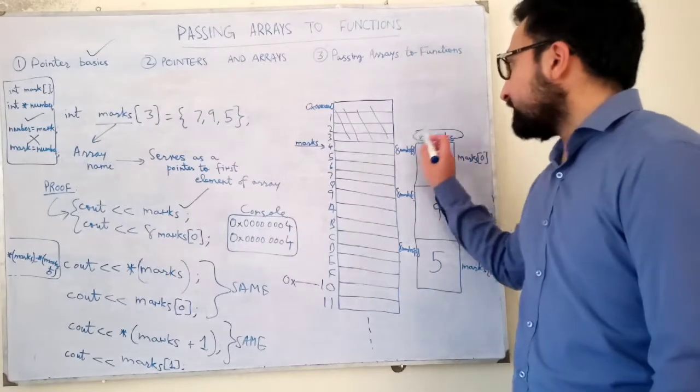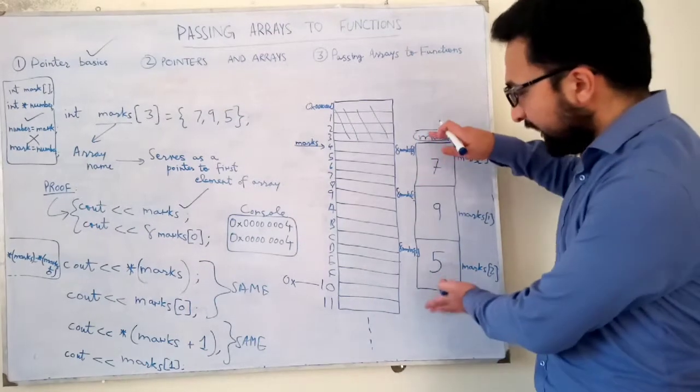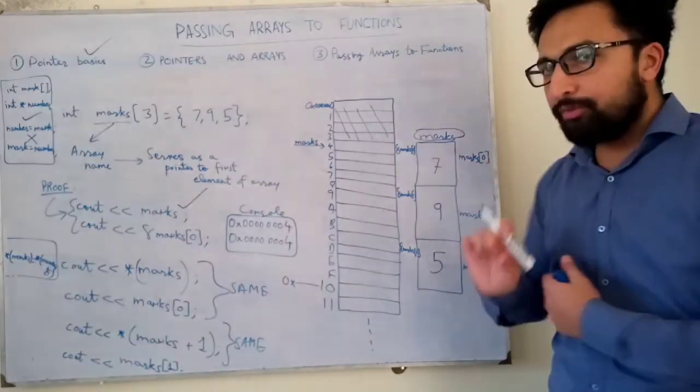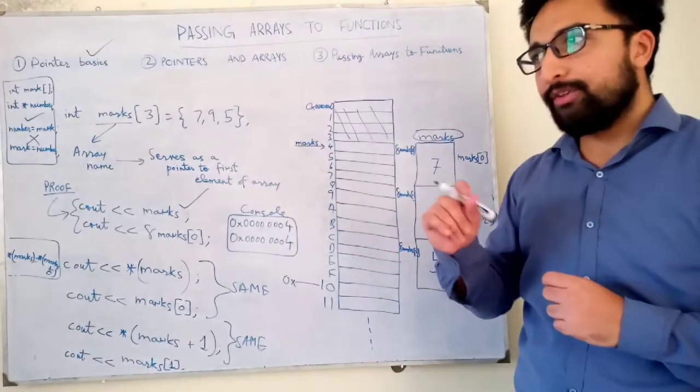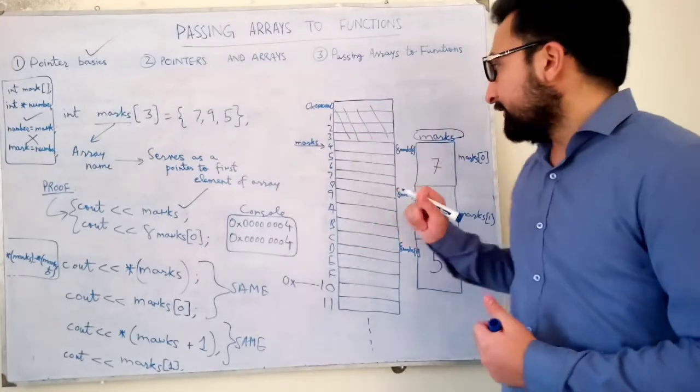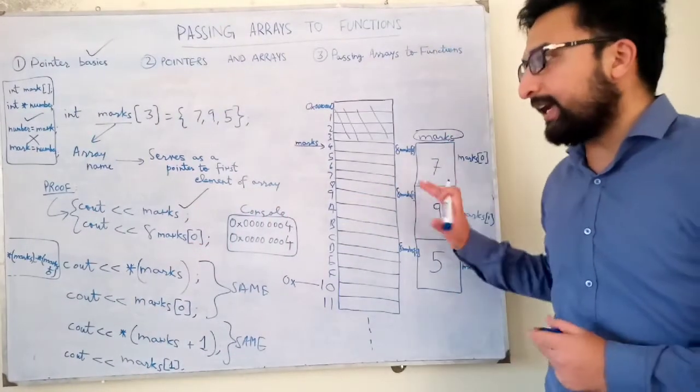In that case, if we just write the name of the array, this was basically the name of the whole array, and these were the names of individual elements of the whole bigger array. When we write cout marks, that is just the name of the complete array.